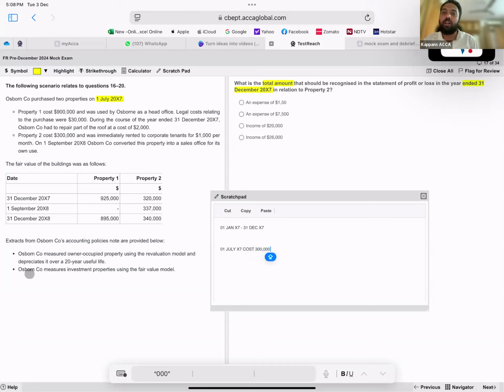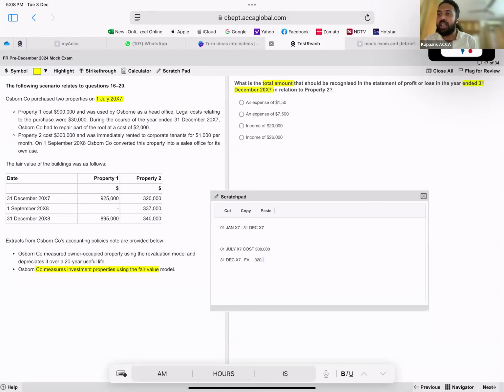And the question says that Osborn measures investment property using the fair value model. So the investment property at year end should be recorded at fair value. On 31st December X7, the investment property should be measured at its fair value. And the fair value on 31st December X7 for property 2 is 320,000.